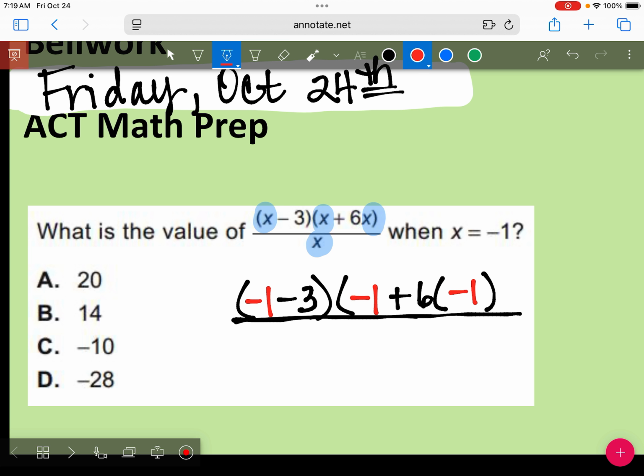All right. So all I did was take that -1 and put it in every single spot.